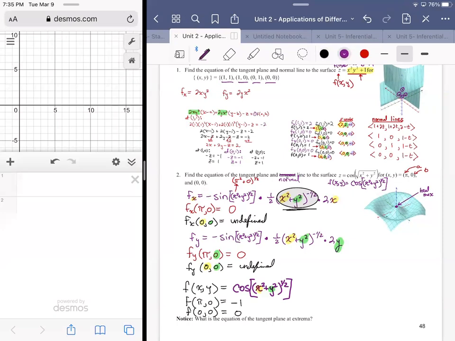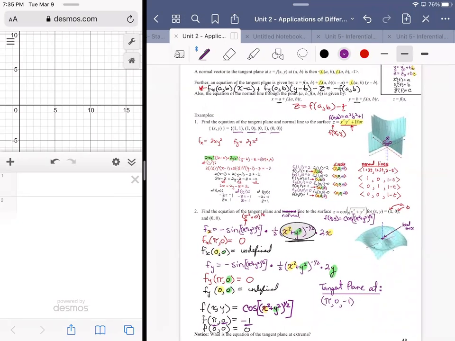So at the tangent plane, at pi 0, -1, right? Because when I plug in a pi and a 0, I get a -1. So that gives me the a, b, and the f of a, b values. All right, I can get that information right in.